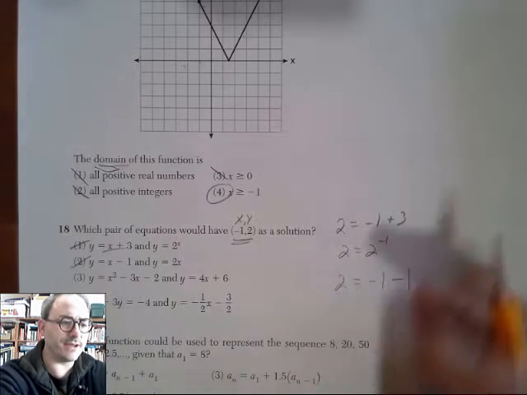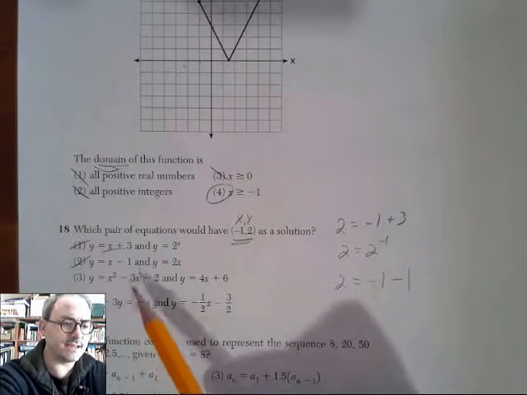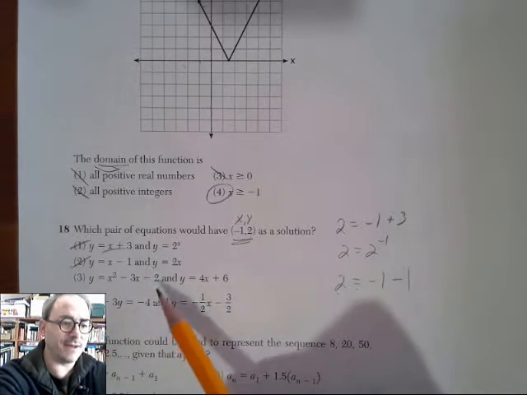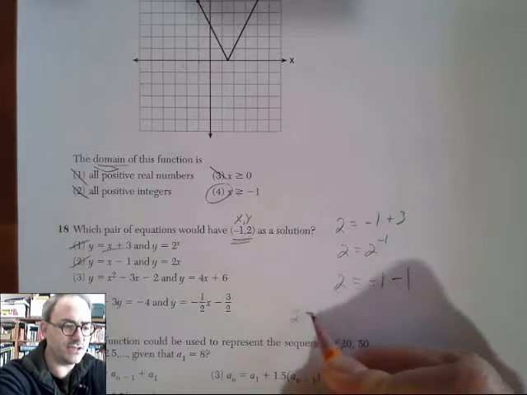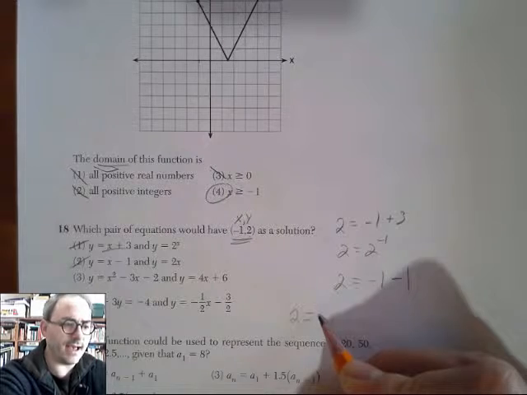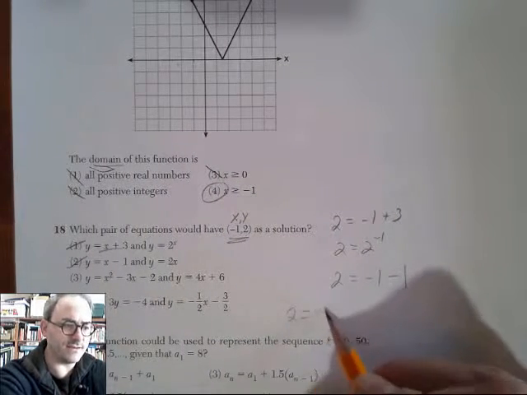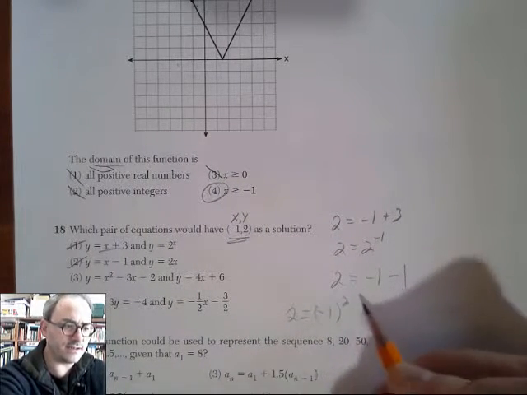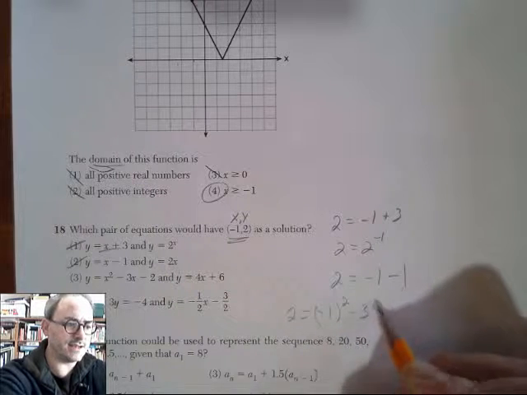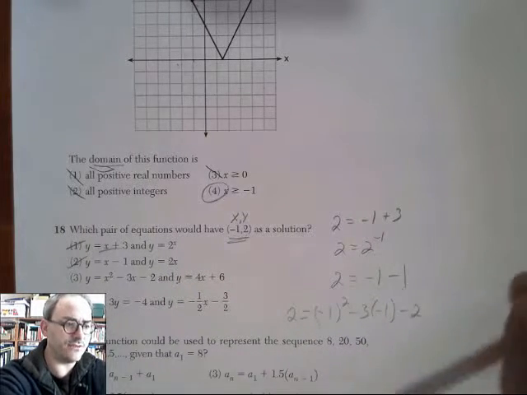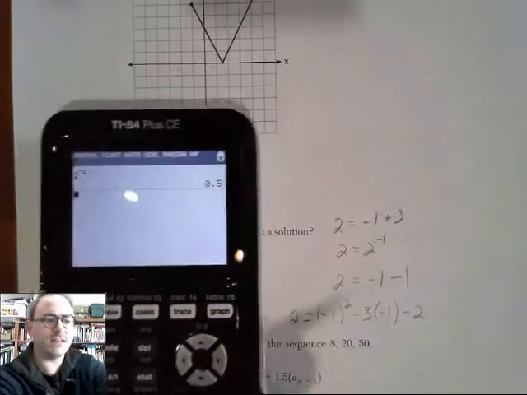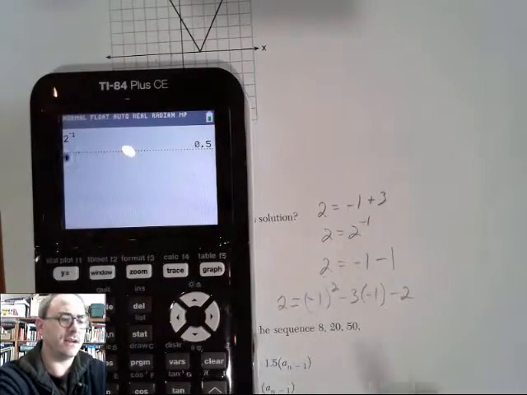Choice number 3. Y equals x squared minus 3x minus 2. Woo! All right. I can do this, though. Does 2 equal x squared, my x is my -1, so -1 squared minus 3 times -1 minus 2. I'd recommend that you put this in your calculator. All right.